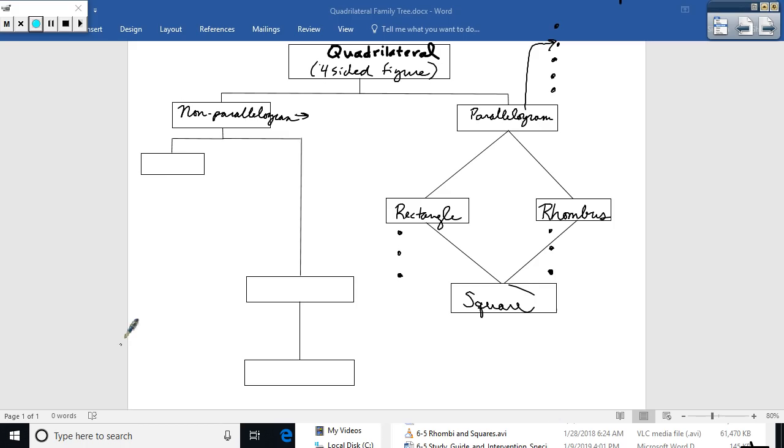For the non-parallelograms that we've looked at in this chapter, there was the kite. Okay. And I have just one specific characteristic down here for the kite. And that's that the kite, the diagonals are perpendicular. In the kite, the diagonals are perpendicular. If we move over to the other categories, we have the trapezoid and the isosceles trapezoid.